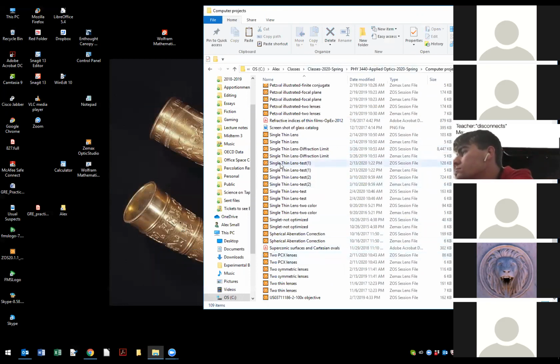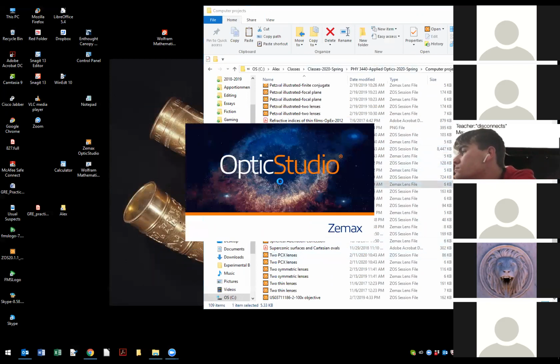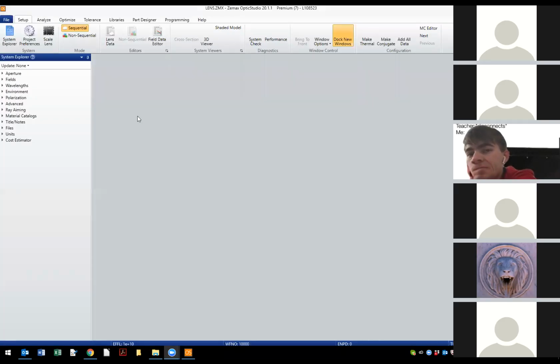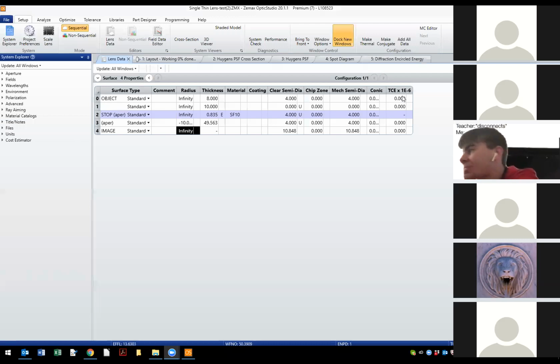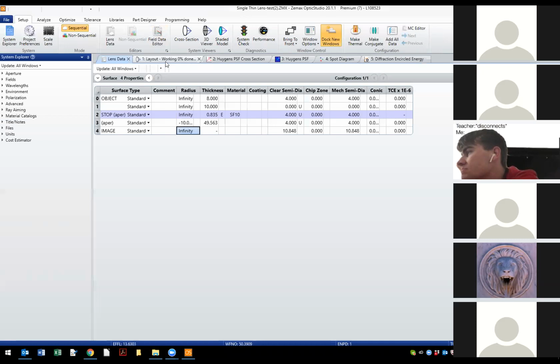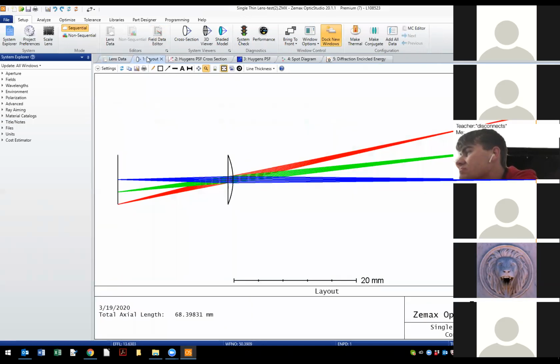Or you know what? I'm just going to go into single thin lens, test here, and make it a plano-convex lens if it isn't already. We just need a plano-convex lens. And I just realized I'm not sure what Zoom is sharing. It's sharing my desktop. Okay. All right, that's a plano-convex lens.